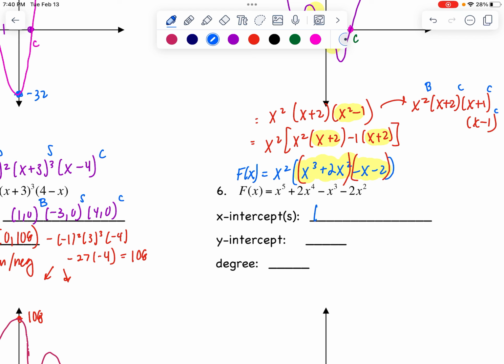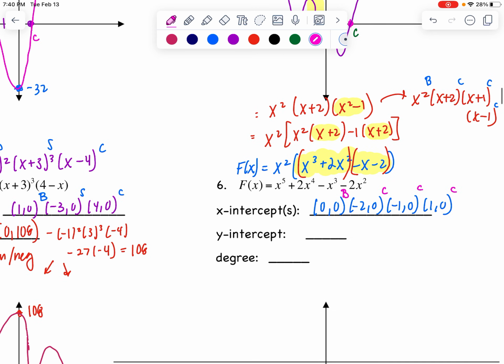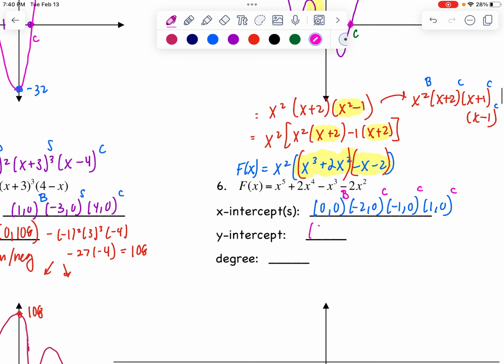Our x-intercepts are at (0, 0), (negative 2, 0), (negative 1, 0), and (1, 0). We're bouncing at (0, 0), crossing at (negative 2, 0), crossing at (negative 1, 0), and crossing at (1, 0). Your y-intercept looks like it's going to also be (0, 0).